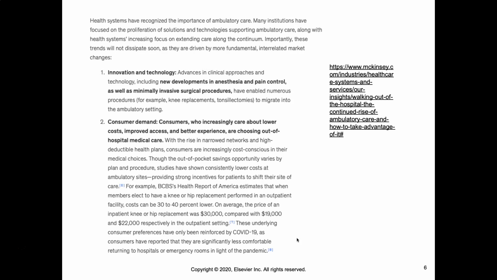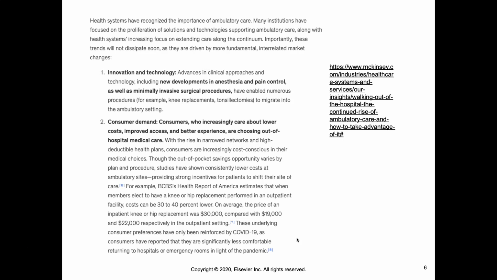The other point I want to make about this information and why I included it is it gives this example down here that Blue Cross Blue Shield's Health Report of America estimates that when members elect to have a hip or knee replacement performed in an outpatient facility, costs can be 30 to 40% lower.